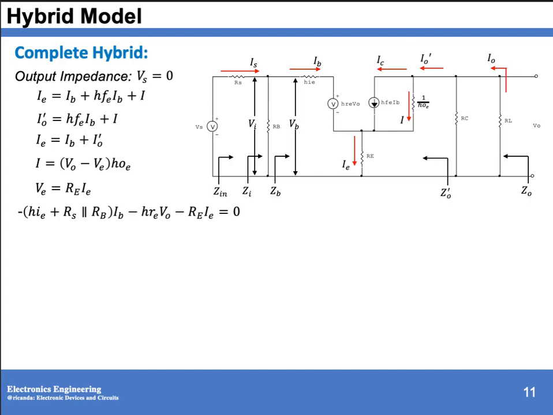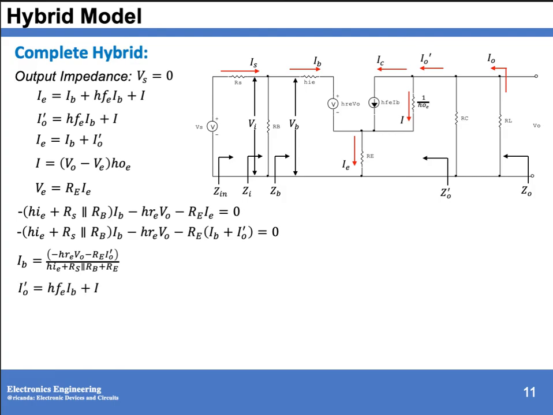Then we have to substitute the equation of IE. And our IB now is equal to this one. So combining all IB to your left side and get the equation of IB.